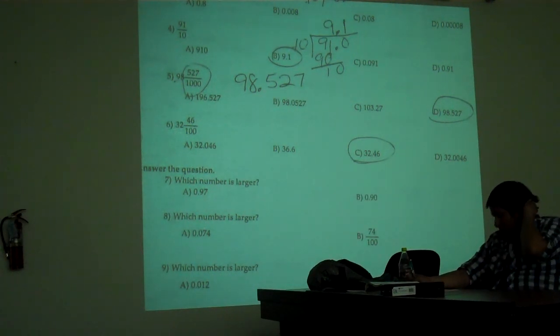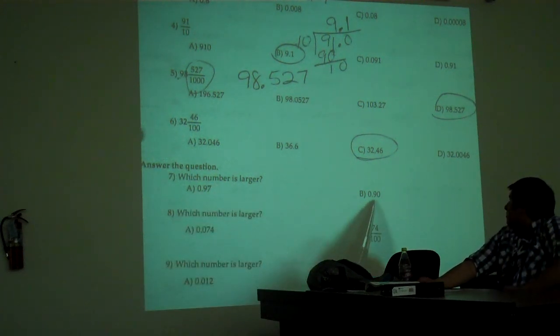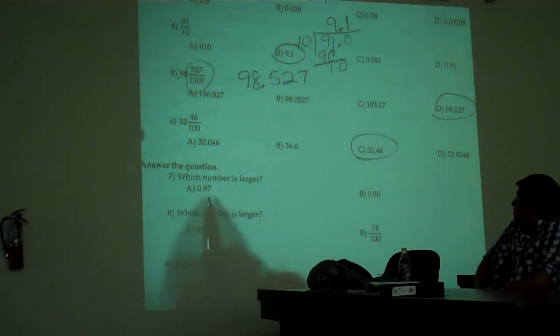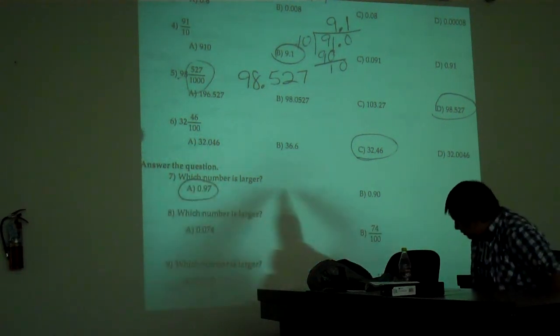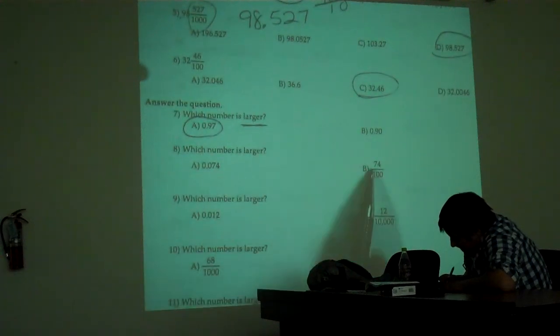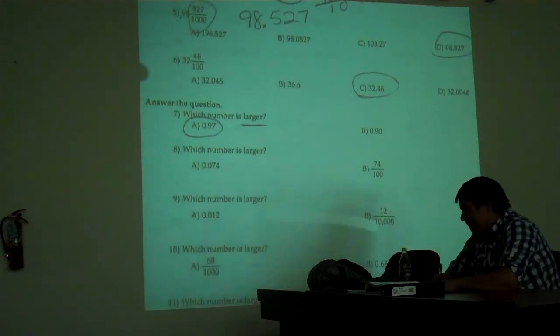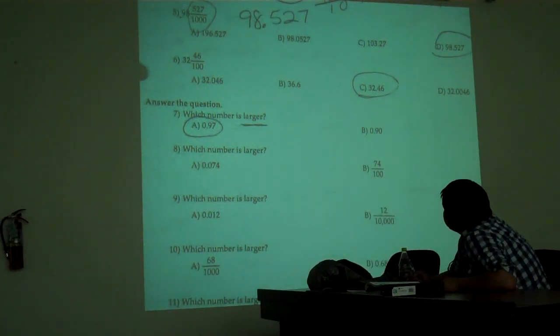Okay, which number is larger? If you look in the tenths place, they both have 9s. So look in the hundredths place. One's a 7, one's a 0. This one is larger. I believe this one is the one that's still multiple choice on your test. Which one is larger? If you have a decimal and a fraction, you'll need to turn them both to decimals so you can see.